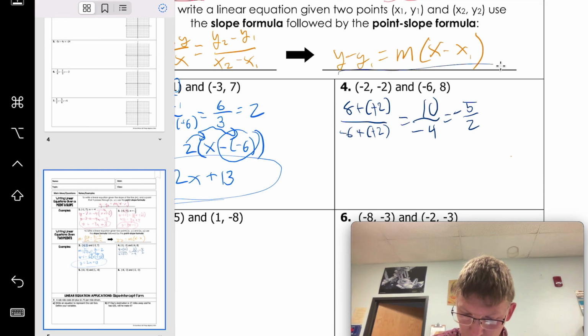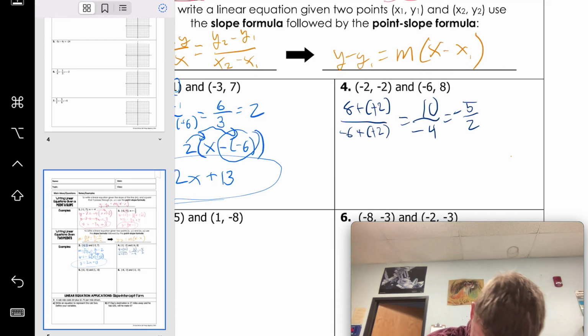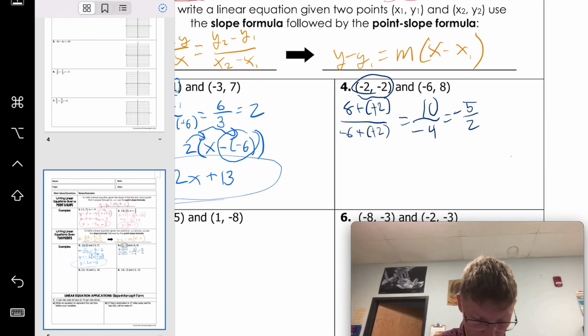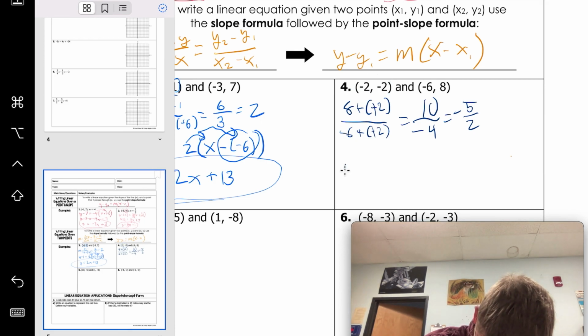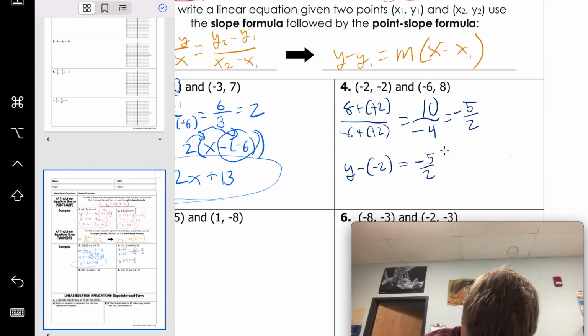Okay, so then we use this equation up there. I'm going to use this point because I like it better. So y minus a -2 equals our slope, -5/2, x minus a -2.